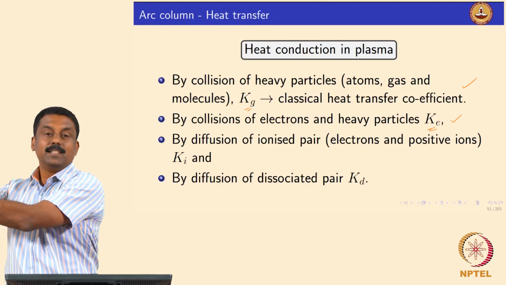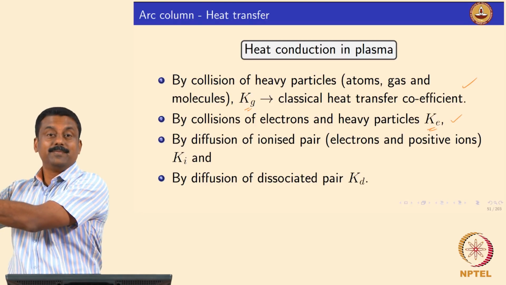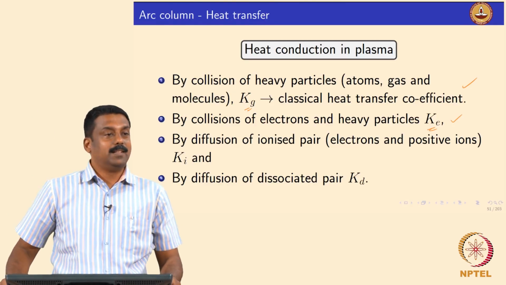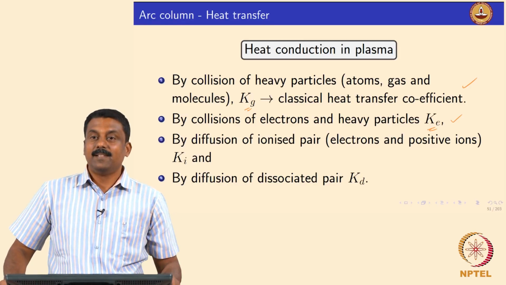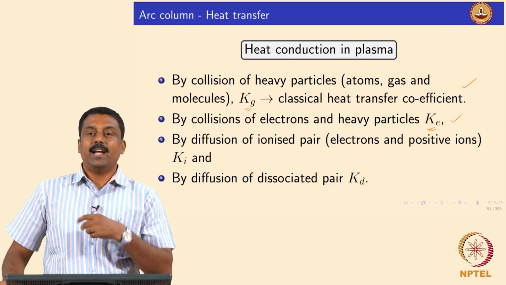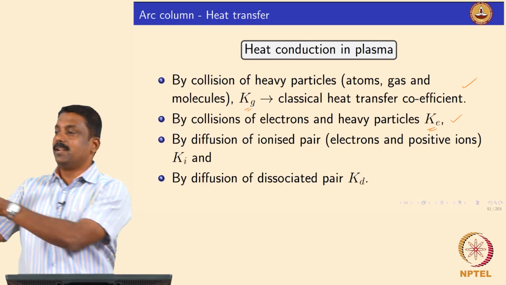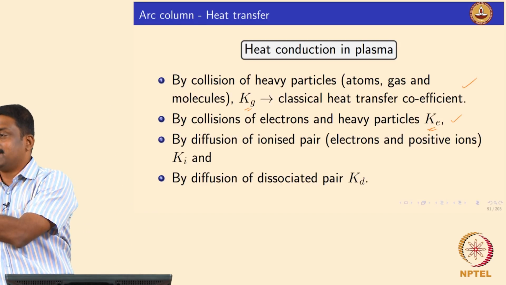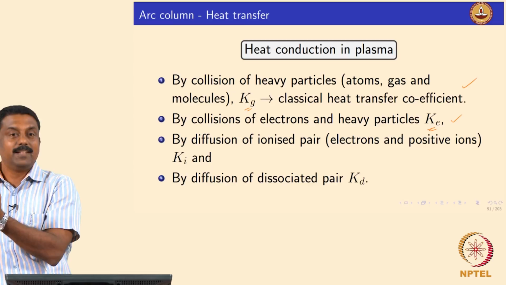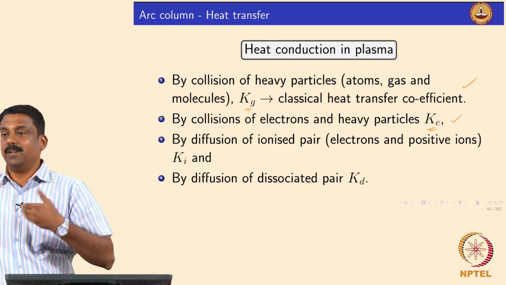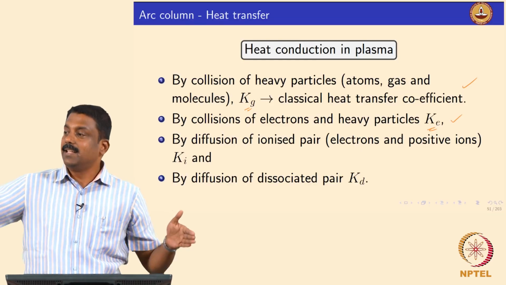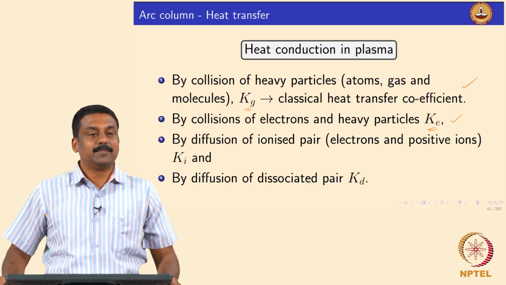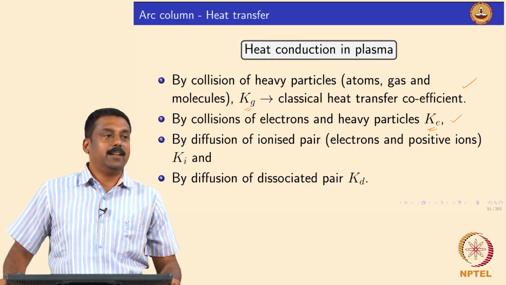plus you also have a deionization, isn't it? That can also happen. So, the ionized gas atom can also be deionized, and during this process the heat is transferred, whether it is negative heat or positive heat does not matter, but there is a heat transfer, isn't it?